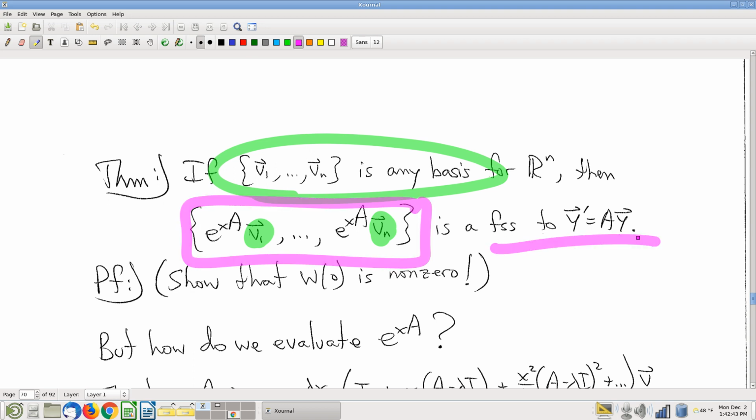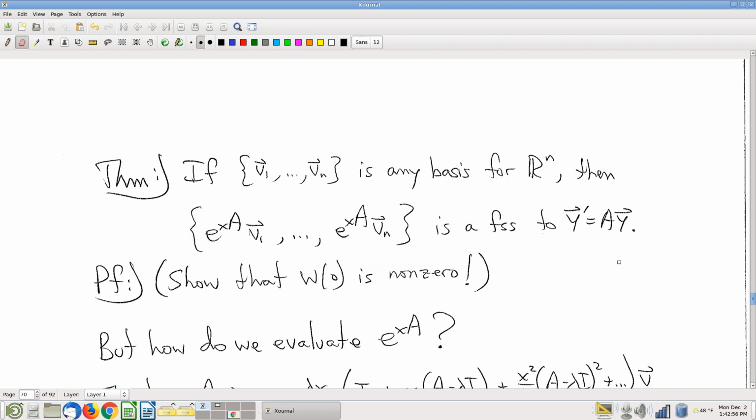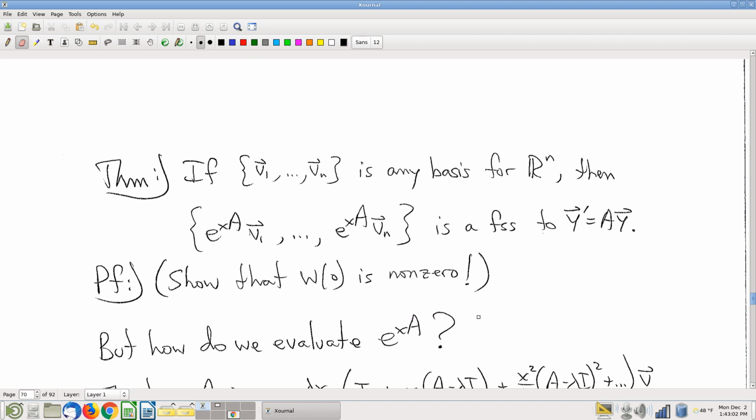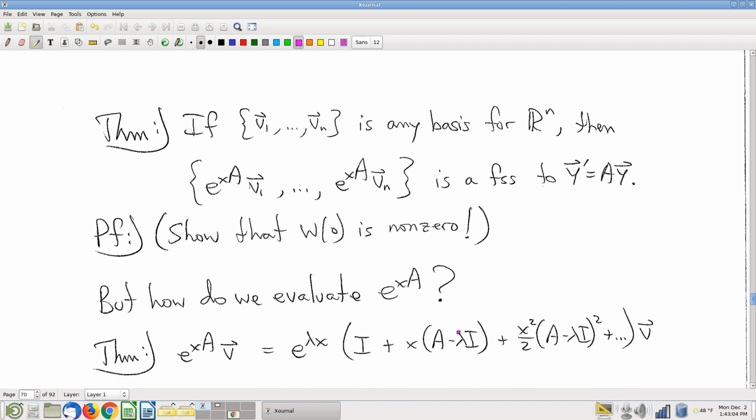A fundamental set of solutions to your system. So it's stunning how easy this problem seems to be becoming. Except for the nagging issue that we don't know how to evaluate matrix exponentials without infinite series, which again is a nightmare.